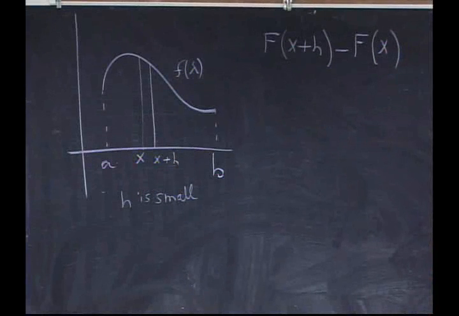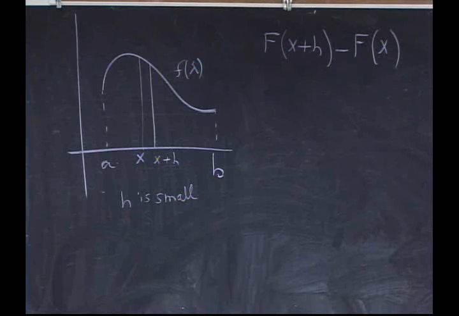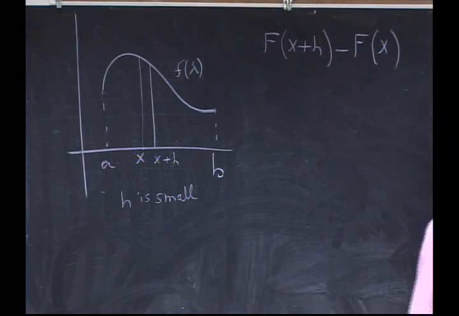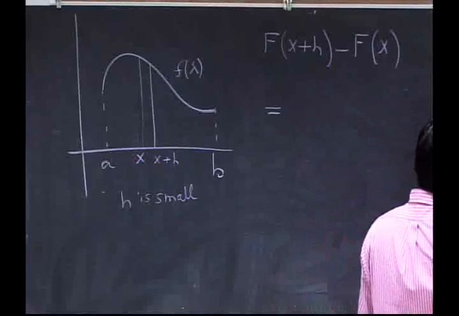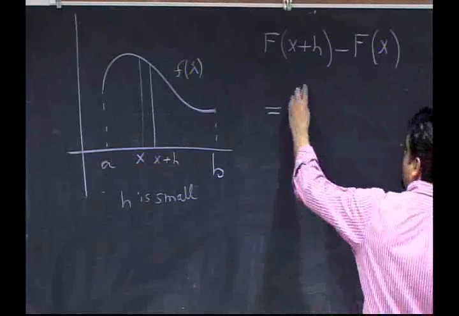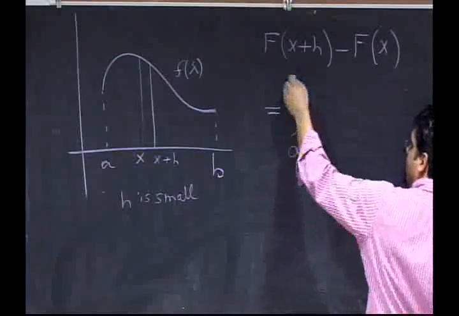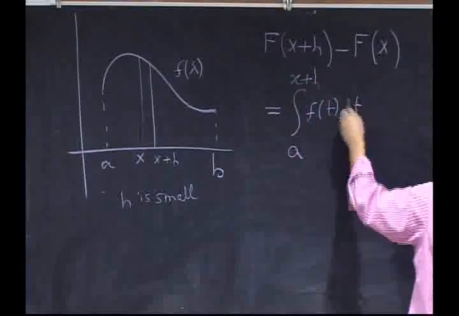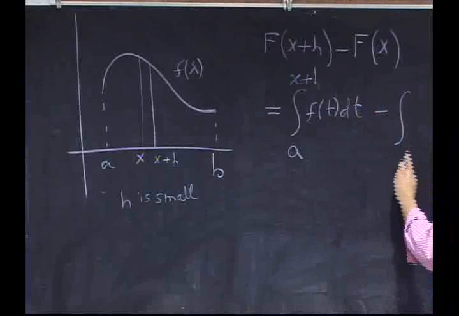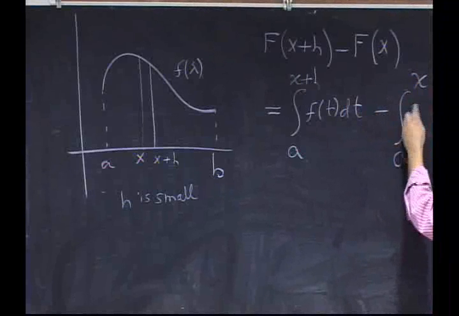All right, let me see what happens here. Using the definition of capital F, this is basically the integral from a to x plus h of f of t dt minus the integral from a to x of f of t dt.